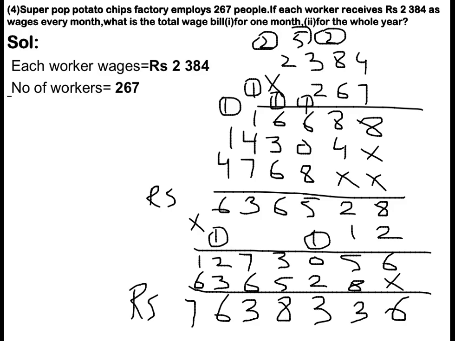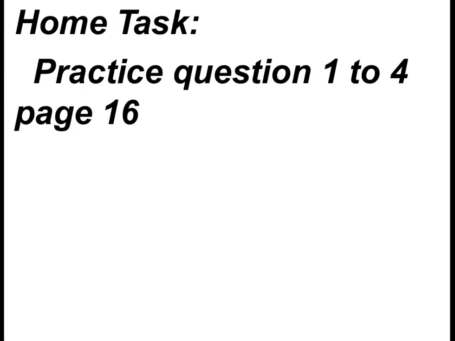So the answer for the whole year is 7,638,336. That is the answer for a whole year, and the total wages for a month is rupees 636,528.